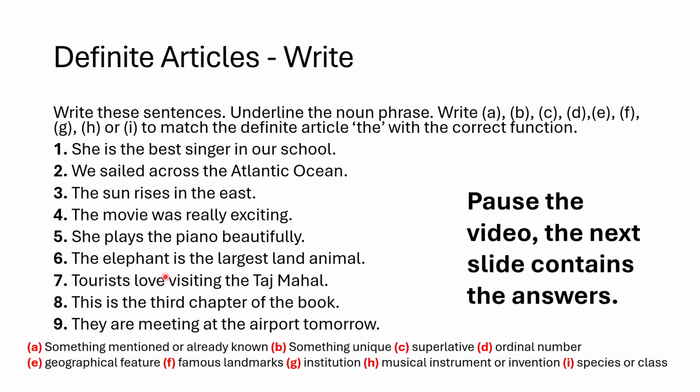The elephant is the largest land animal. 7. Tourists love visiting the Taj Mahal. 8. This is the third chapter of the book. 9. They are meeting at the airport tomorrow. Pause the video. The next slide contains the answers.